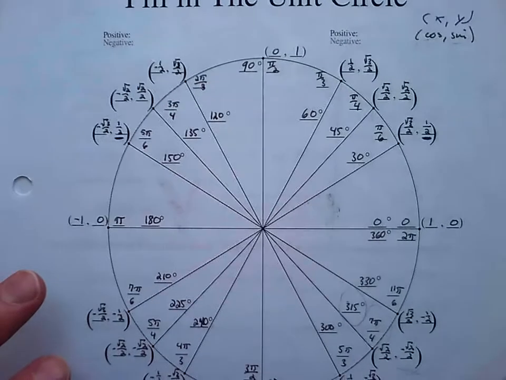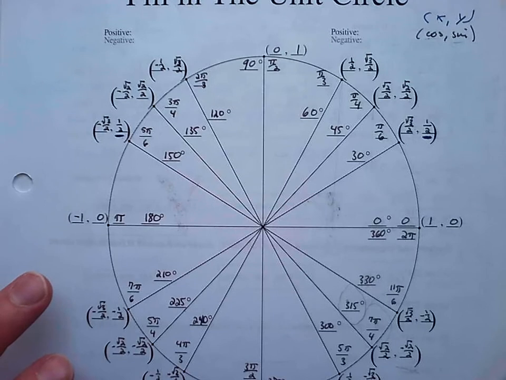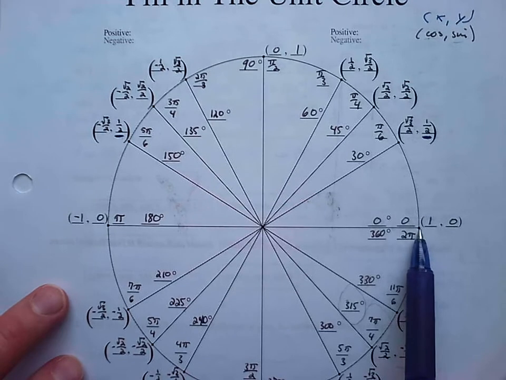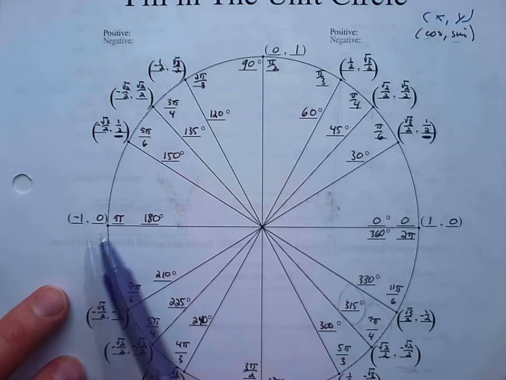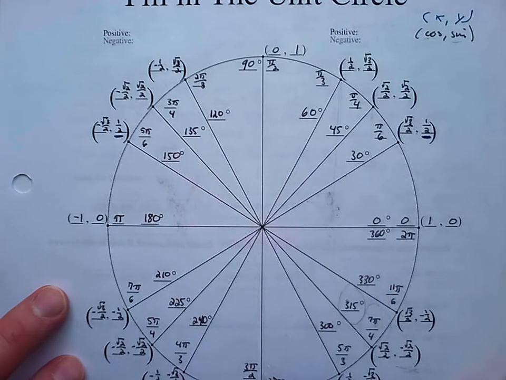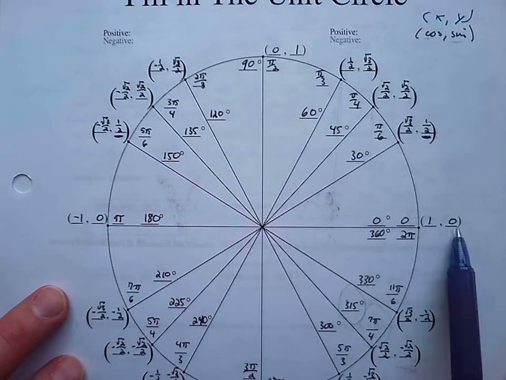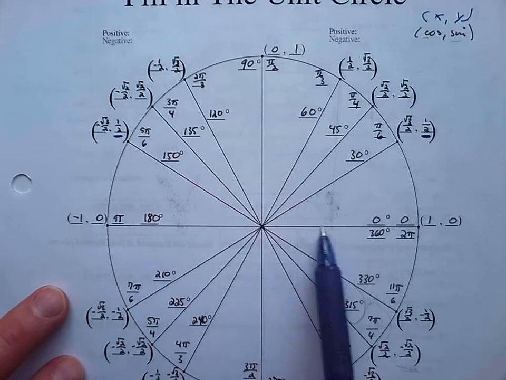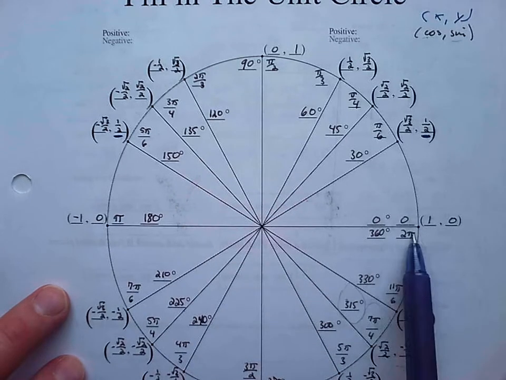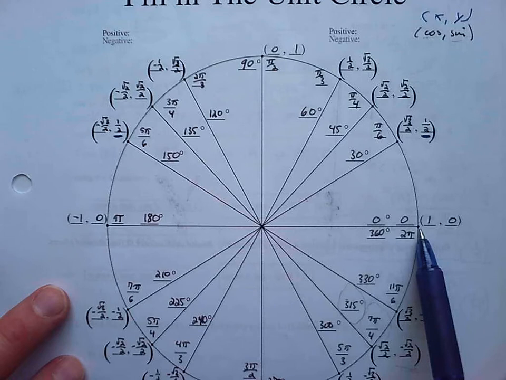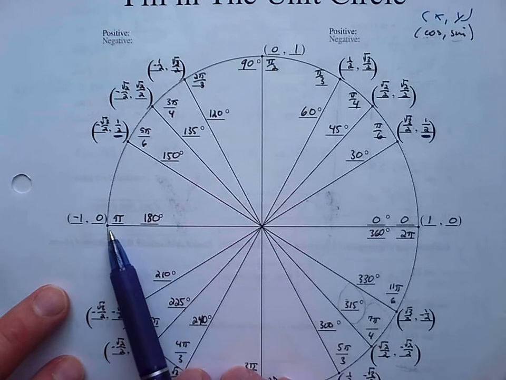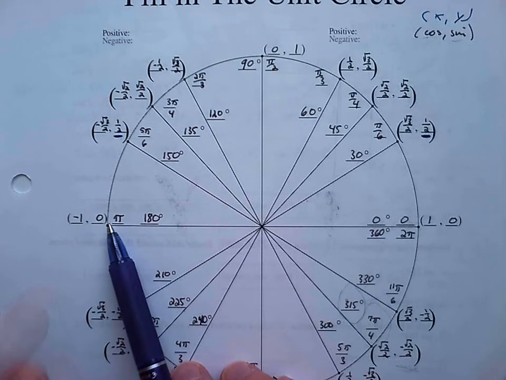So if we're looking for the y value to be equal to 0, we can either use here 0 degrees, or over here we also have the y value right here. If you imagine this is the y-axis, here's the x-axis. Along here, y values are equal to 0. So therefore, on the unit circle, the only two spots that are going to work is going to be 0 degrees or 180 degrees, or 0 and pi.